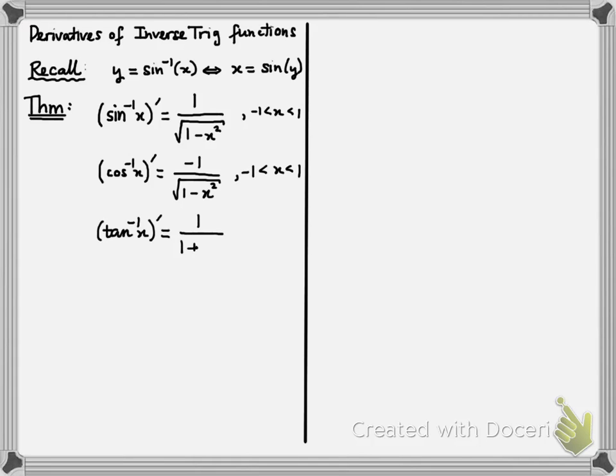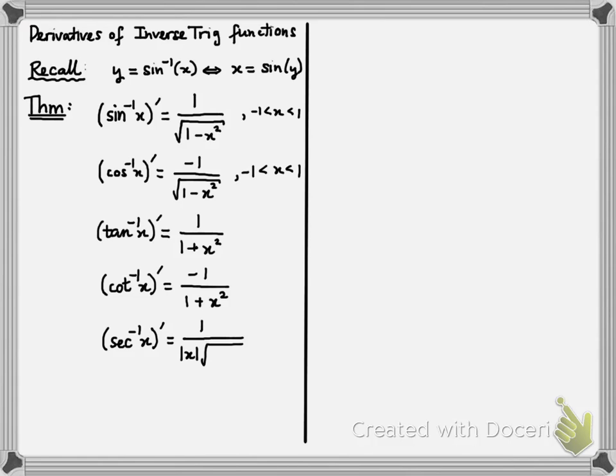Then we have the derivative of tangent inverse equals 1 over 1 plus x squared, and because 1 over 1 plus x squared is defined everywhere, we don't need any restriction on x. Cotangent inverse, the derivative of that equals negative 1 over 1 plus x squared, and similar to tangent inverse, we don't need any restriction on x.